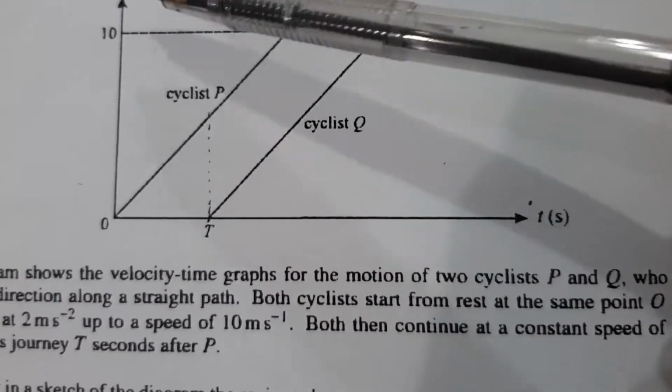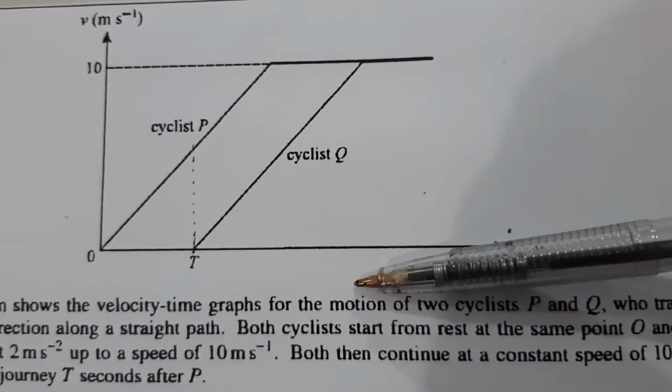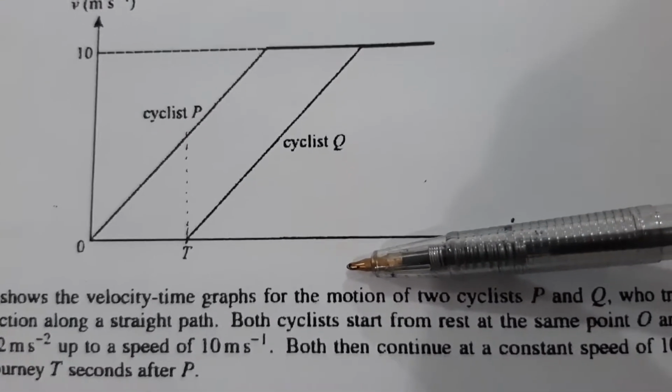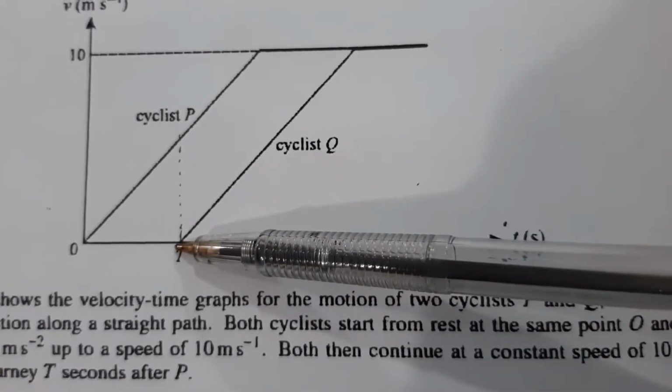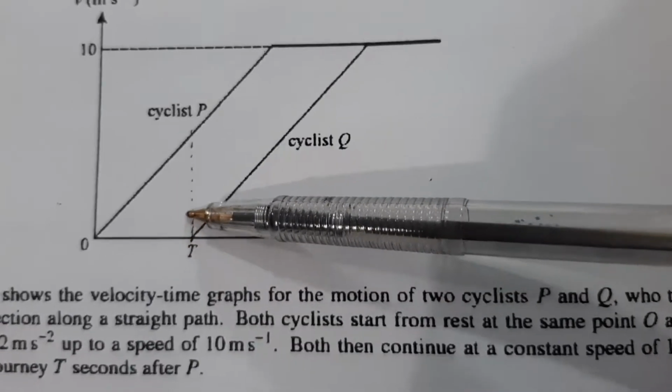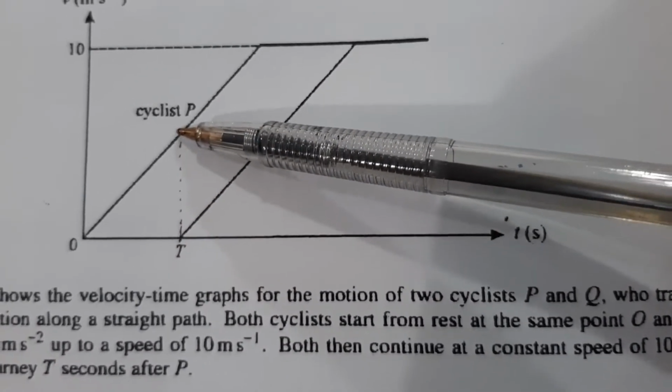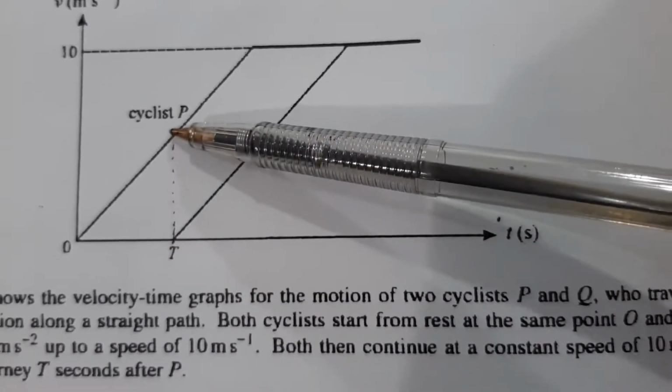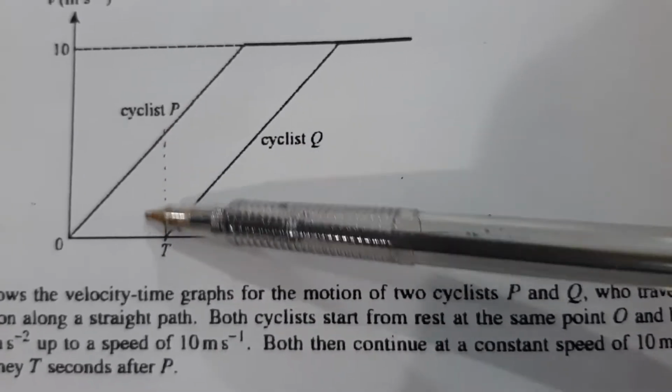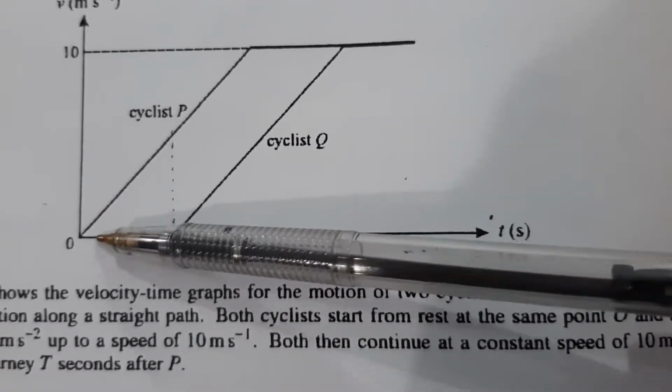Now we know in the velocity time graph, the area under the curve gives us the distance. So Q is starting from here. If I just go up and join at the line where the P sketch is given, this whole area is under the cyclist P sketch.